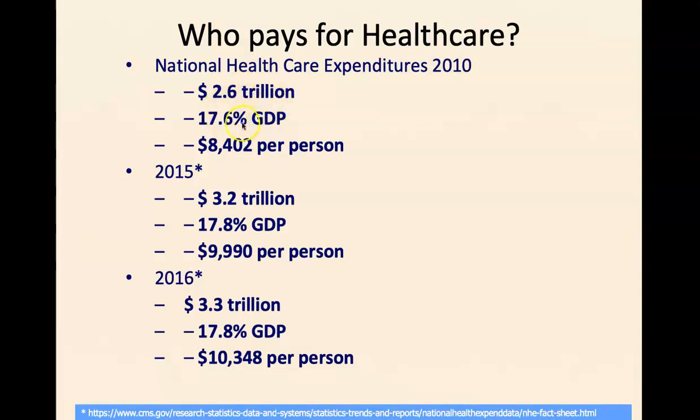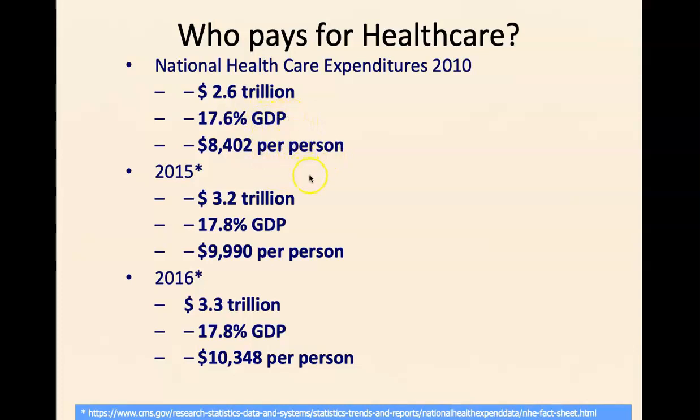It was close to 18%, 17.6% of our gross domestic product. And the cost was around $8,400 per person. Now, we have explained all these terminologies in Chapter 1, so you already understand what GDP stands for.